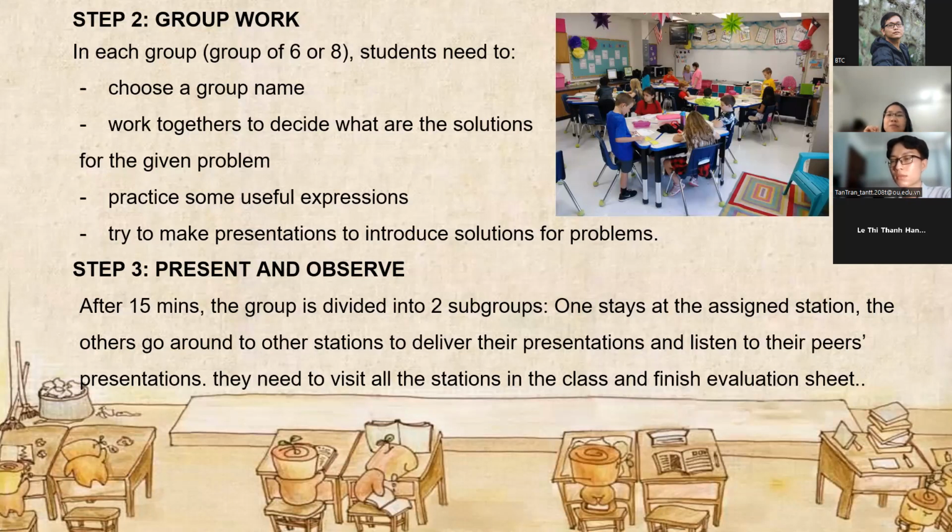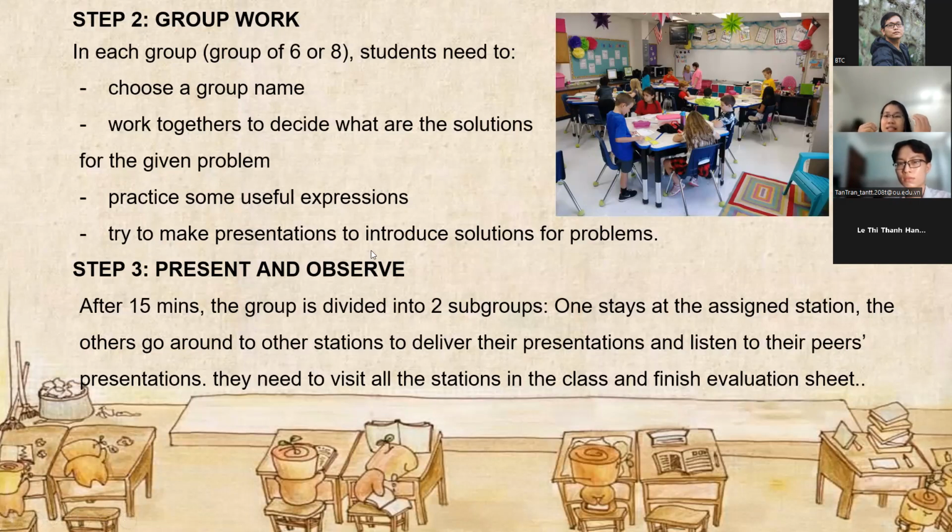It means a group of 6 has to divide into 2 subgroups of 3. So 3 of them will stay at their own station. The other 3 have to go around to the other stations to deliver the presentation of their own group.